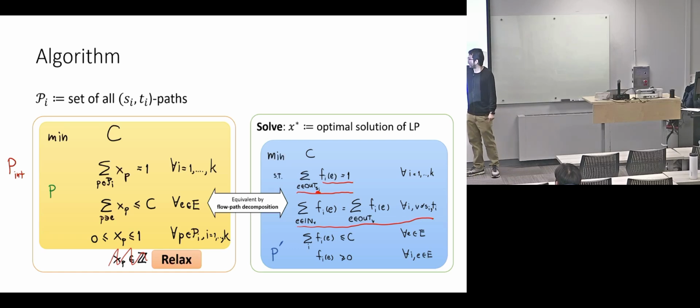Given the type i flow, you can decompose it into a set of Si-Ti paths that correspond to that flow with the same value. So given flow i, you just get a set of paths from Si to Ti. How much flow do you send for each path here?